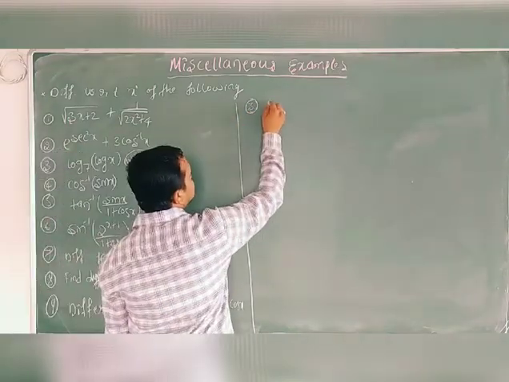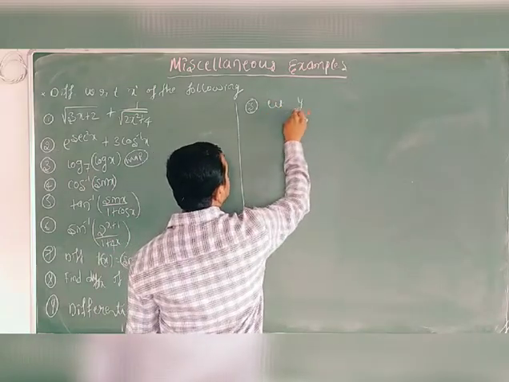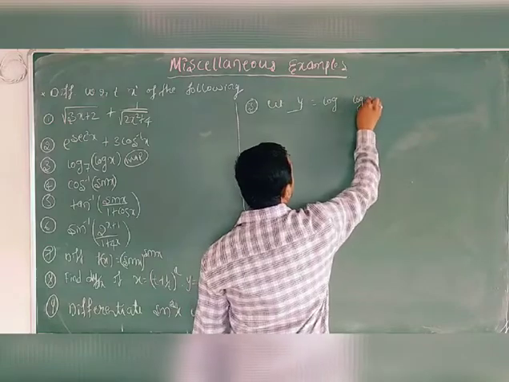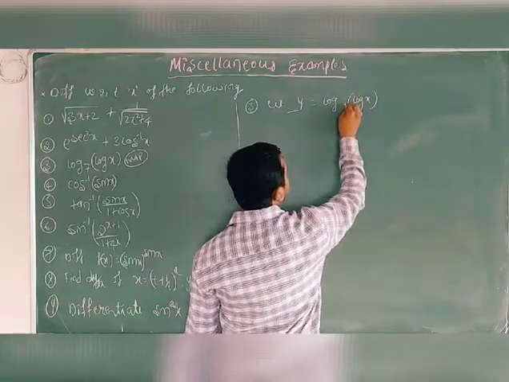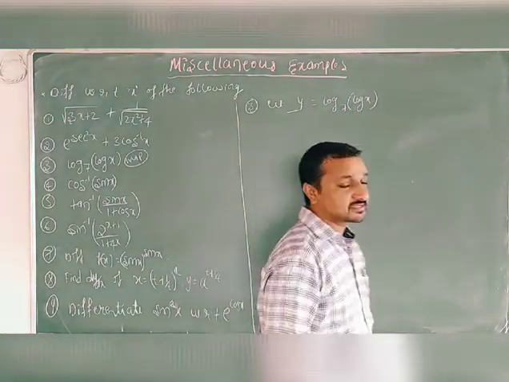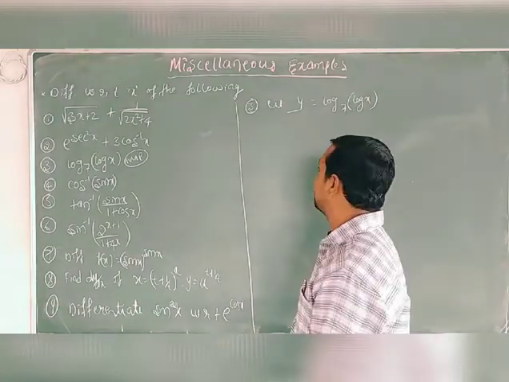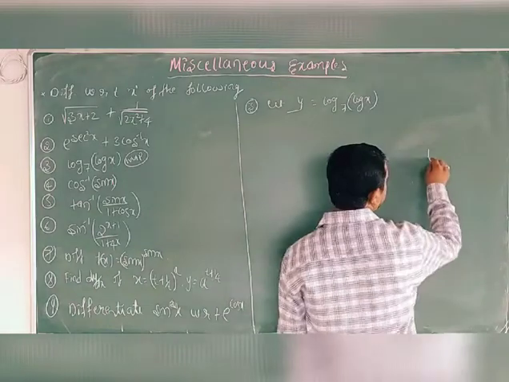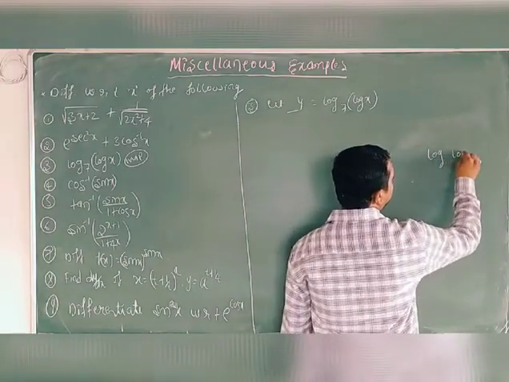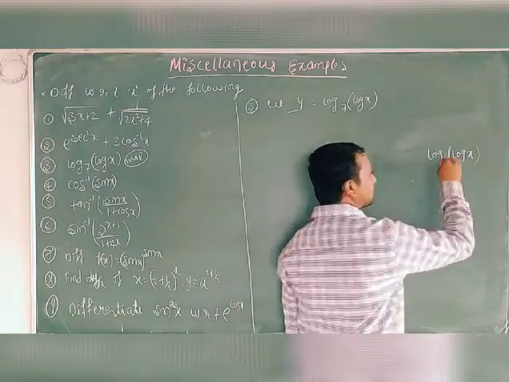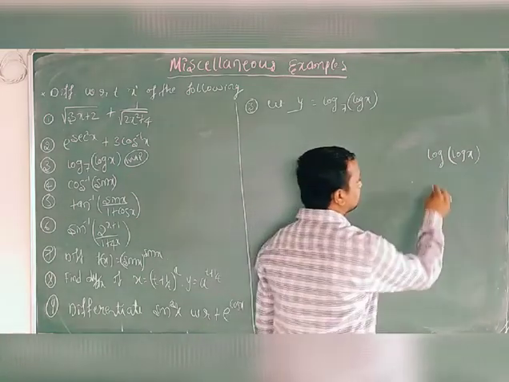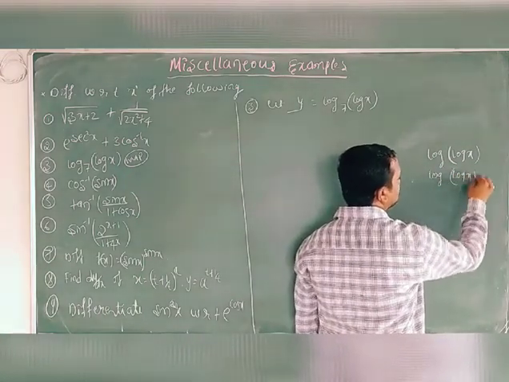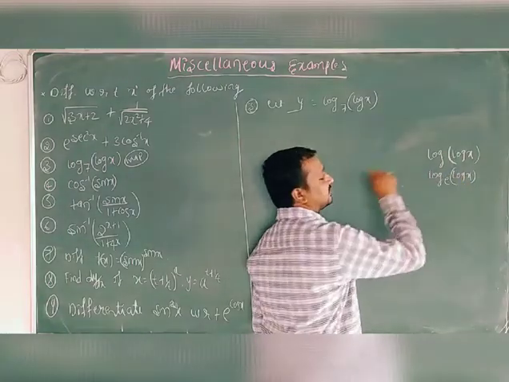Let us consider y equal to log x to the base 7. I already told you the properties of logarithms. Here log x and log x to the base e are both the same.